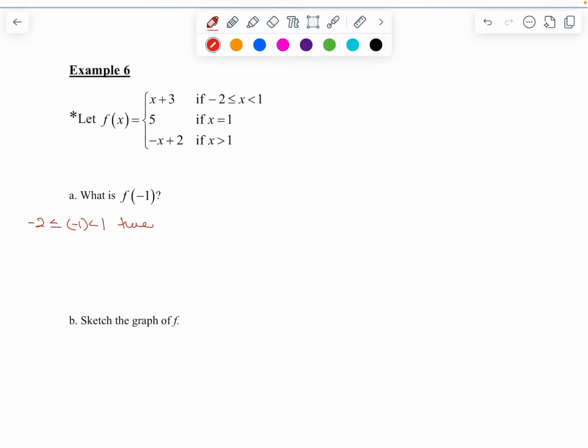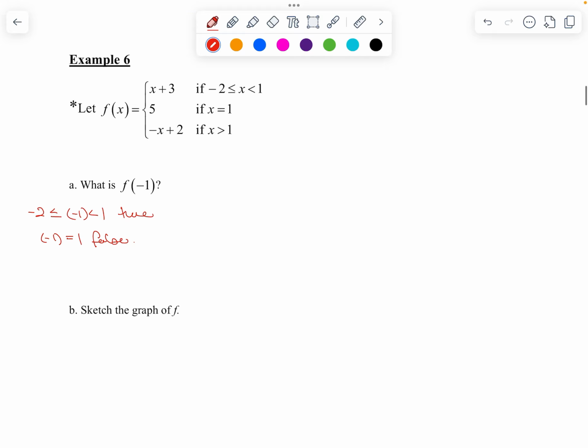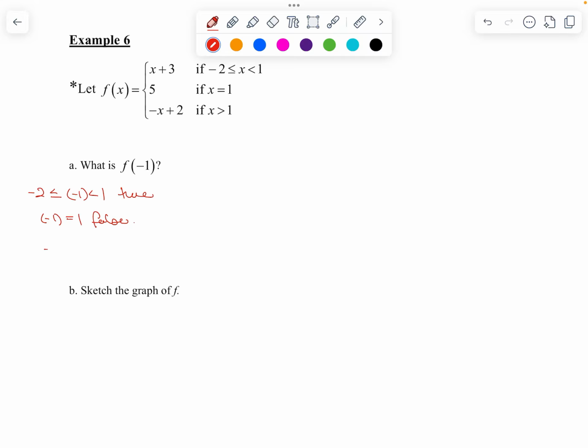But I'm going to follow through with the other ones just to show you that you're going to get false statements for the other two. Again, plugging in for the x in the if statement, I get negative 1 is supposed to be equal to 1. This comes back as false. Same thing, I'm going to plug in negative 1 into the x value there. Negative 1 is greater than 1.